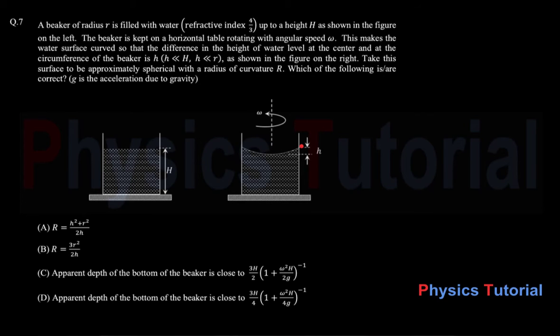Now come to the point for C and D, apparent depth and real depth. If it is a plane surface, then it is quite easy: mu is equal to real depth over apparent depth. But what about this one?